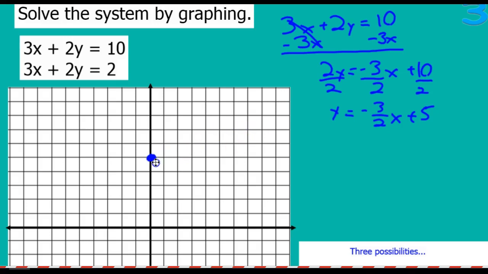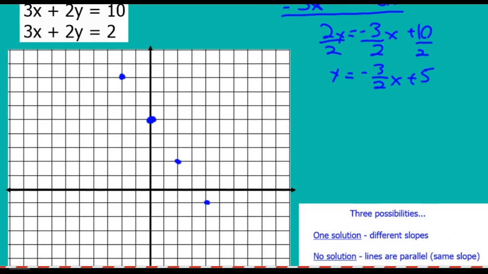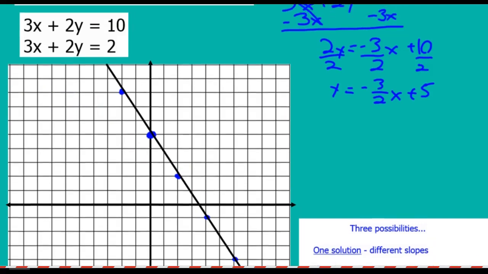I'm going down 3 and over 2, down 3 and over 2, up 3 and over 2. So we could create a line from this if we go a couple more here. So there's our first line.